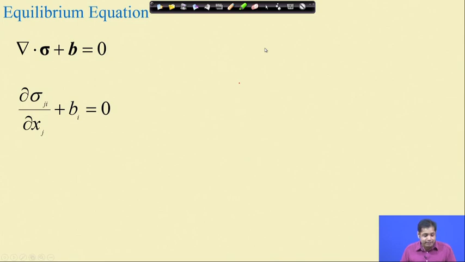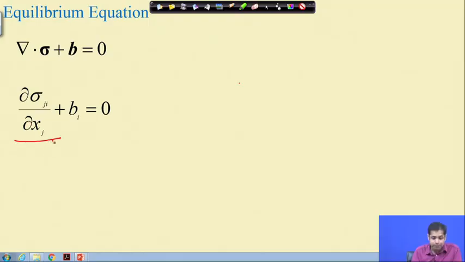So, if I write this equilibrium equation in indicial form, this is the divergence of sigma, and you recall in the very first week we discussed how to write the divergence of a first order tensor or second order tensor. Divergence of a second order tensor can be written in this way, and B is a body force, and the body force density as a vector can have Bx, By and Bz components.